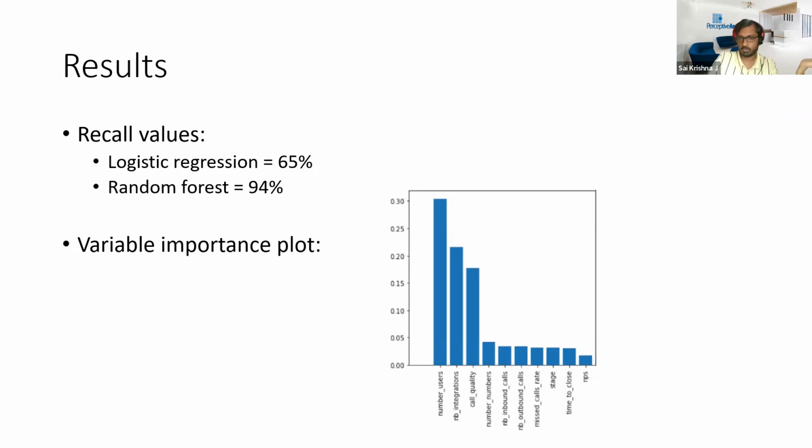Then you have the call quality, the number of phone numbers they're using, the number of inbound calls, outbound calls, and all the other customer engagement metrics. These come next, but they are not as important as the first three metrics. Apart from call quality, the first two metrics directly reference the cost of switching from one player to another.